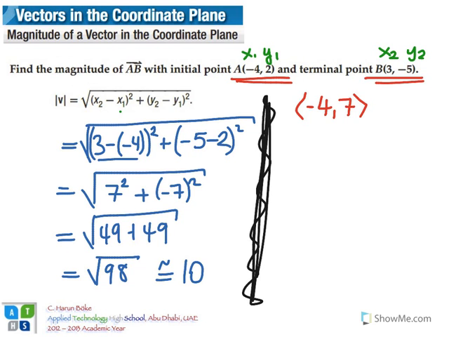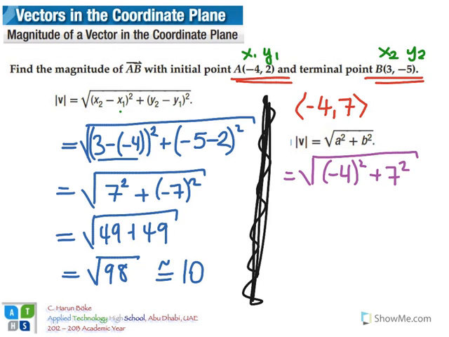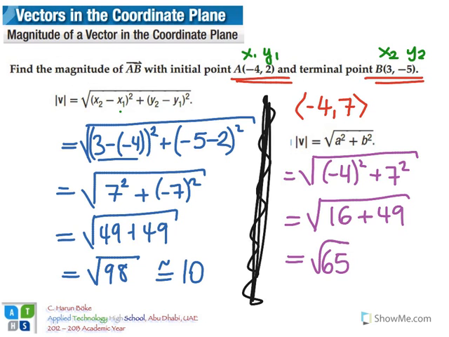Then all you have to do is you're going to use this formula so that it will be the square root of minus 4 squared plus 7 squared, which will give you 16 plus 49, and as a result we will have the square root of 65, which is approximately 8.